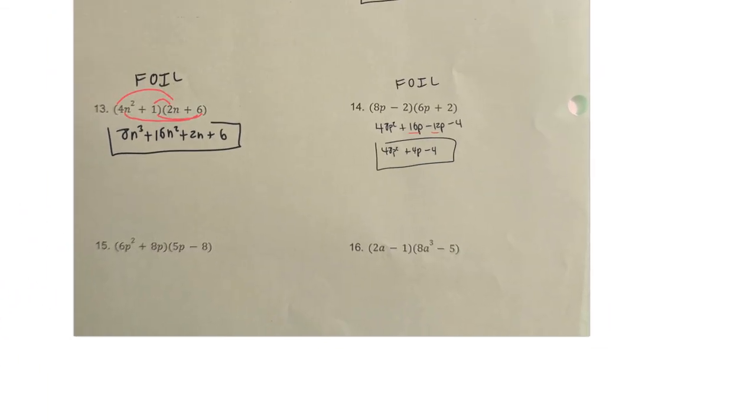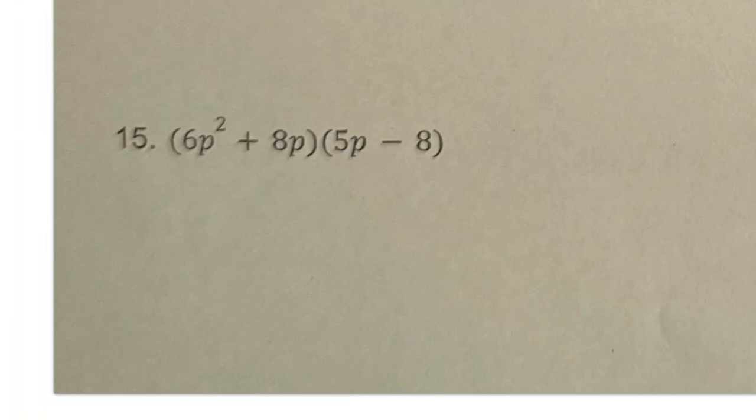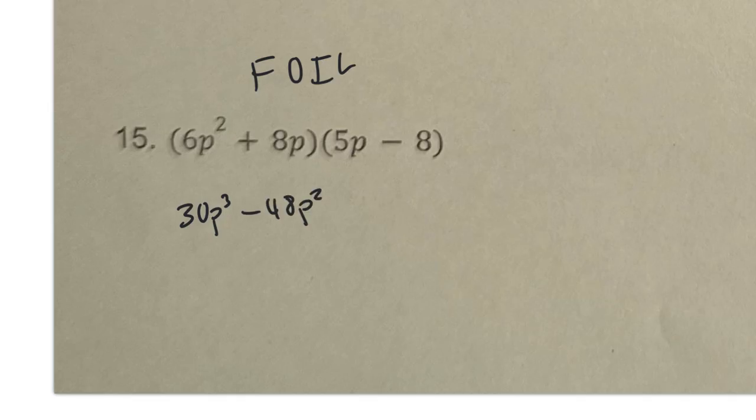Okay. Over here, still foiling because it's a binomial times a binomial. First times first would give us 30p to the third. Outer times outer would give us negative 48p squared. Inner times inner would give us plus 40p squared. Last times last would give us negative 64p.